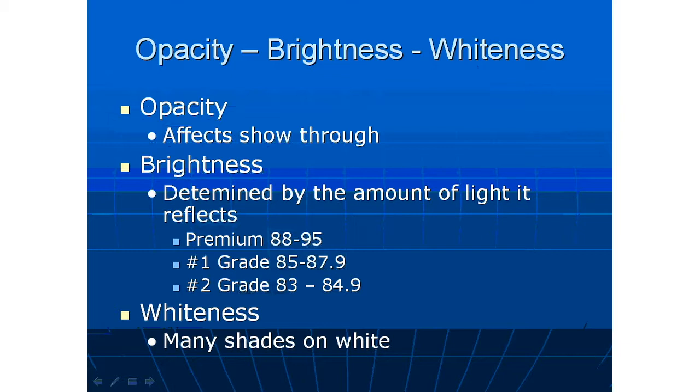The addition of fluorescent dyes to the paper stock can result in brightness ratings in excess of 90%. Generally, premium papers are rated between 88 and 95%. A number 1 grade sheet will have ratings from 85 to 87.9, and a number 2 grade sheet will have ratings between 83 and 84.9.